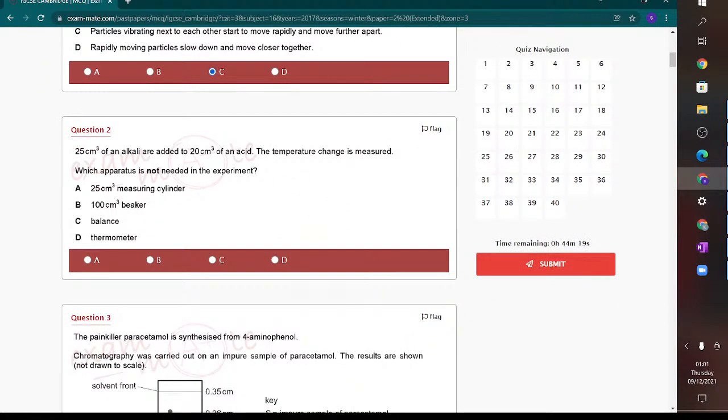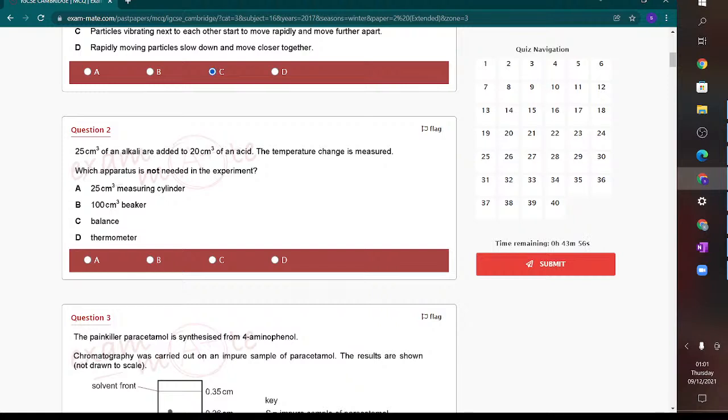25 cm³ of an alkali are added to 20 cm³ of an acid. The temperature change is measured. Which apparatus is not needed in this experiment? The temperature change is measured, so we need to measure temperature using a thermometer.